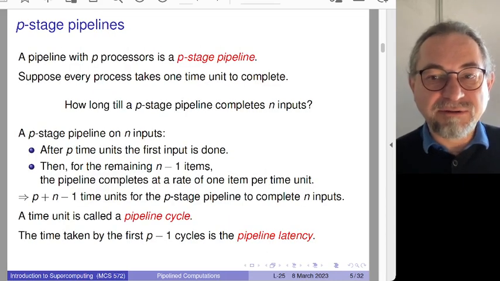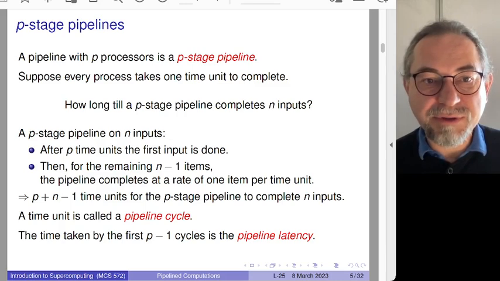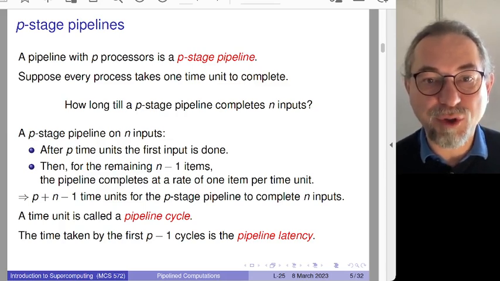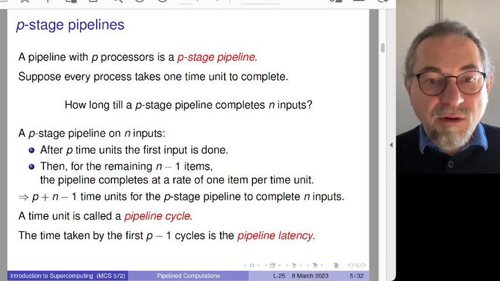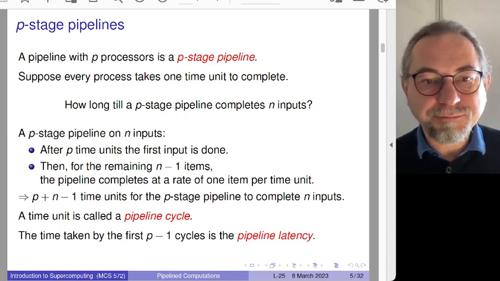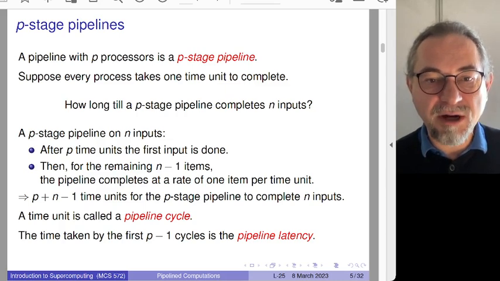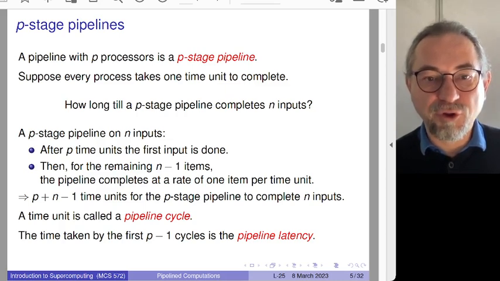Okay, let us generalize these two examples. So we speak of a p-stage pipeline, where p is the number of processors in the pipeline. How long will it take to process n inputs? Well, it takes p time units for the first input to be done.